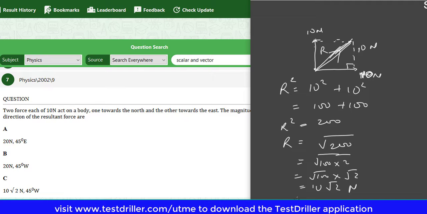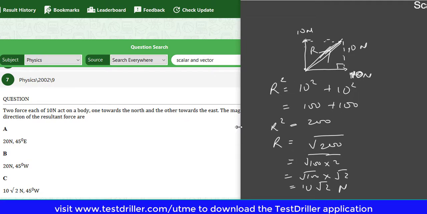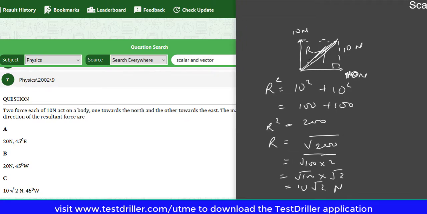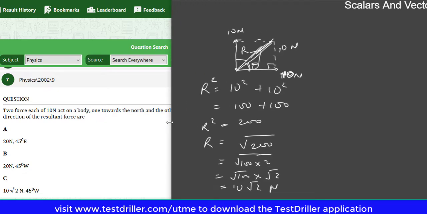So what about the direction? To get a direction, what you expect to get is what angle we are dealing with here. So let's focus on this angle here, this theta. If we get theta, then we can interpret the direction. Theta can be obtained in various ways, but since we have the opposite and the adjacent, we can just use the tangent.